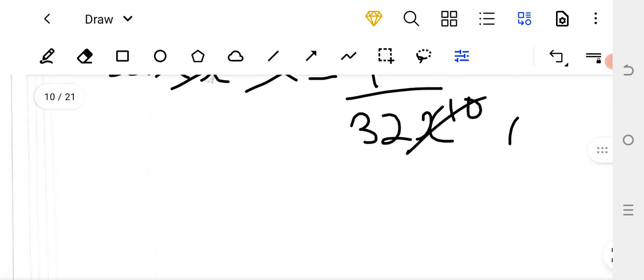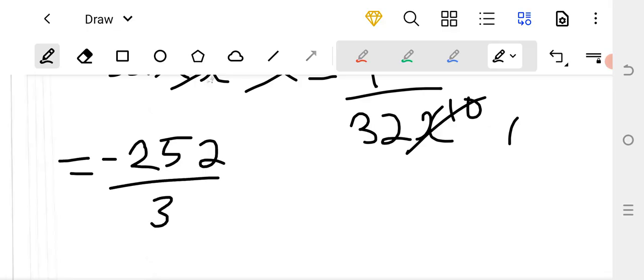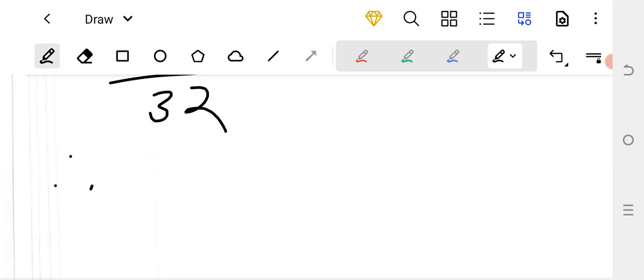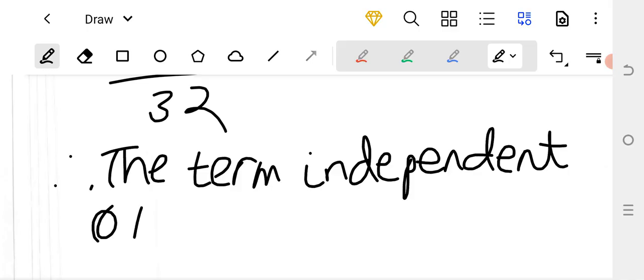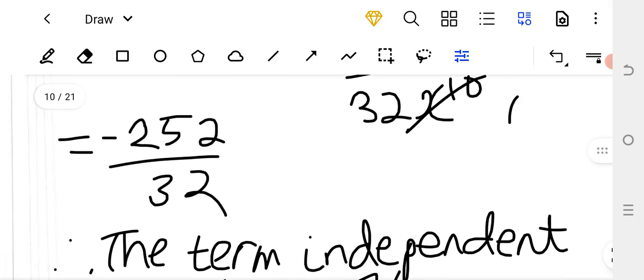So it is equal to negative 252 divided by 32, and then we'll say therefore the term independent of x is negative 7, remainder 7 over 8. That is your final answer. If you simplify this, that is the answer you will find.